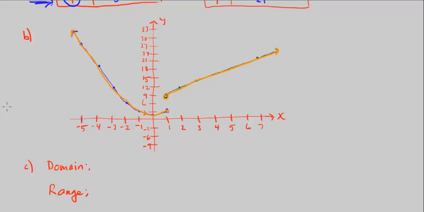So for the domain we look at -infinity to +infinity, and what x values give us a y value. So yes, starting here, yes, yes, yes, yes, all the way we have points in our domain. Right here we have values. The only questionable one is right here at x is 1. Well, remember, this is a closed circle, so even though this is open, we have a point at x equals 1.